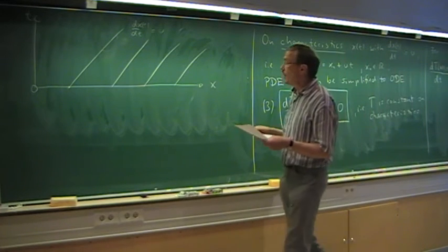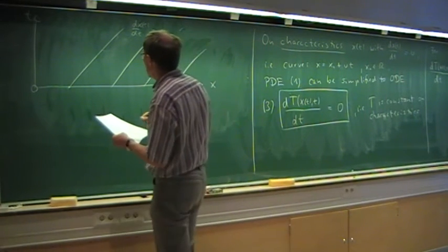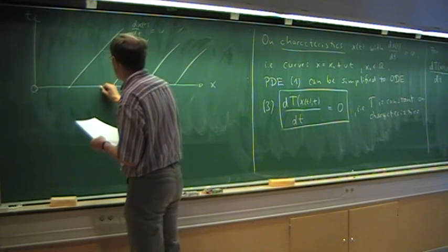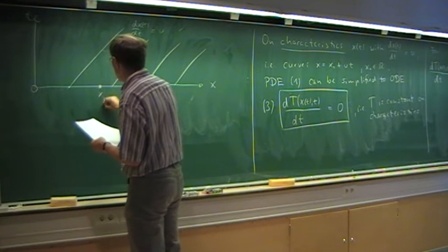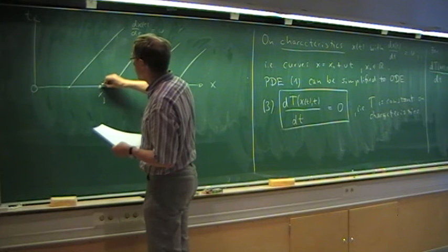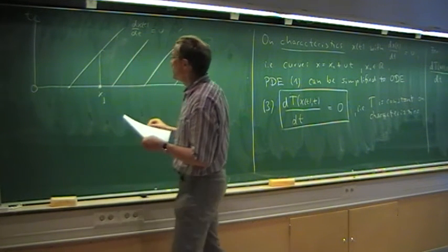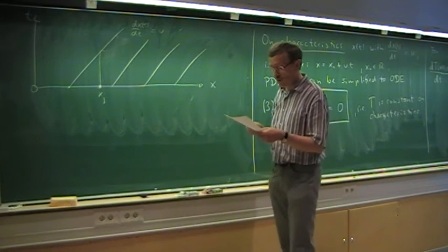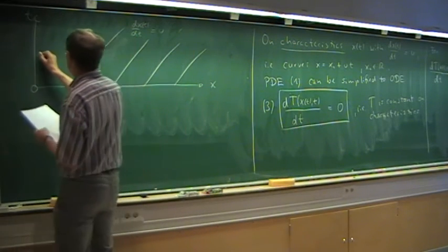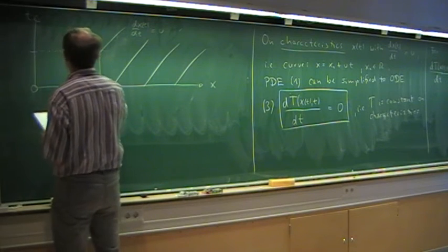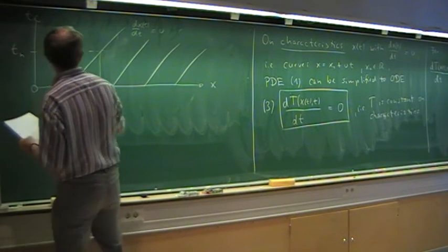But what we know is when we are, for example, at a point, let's say we are at xj, and we want to know what is the solution at xj at a certain time instant. So that is, say, the Tn.